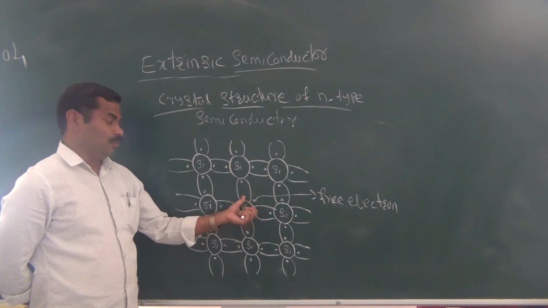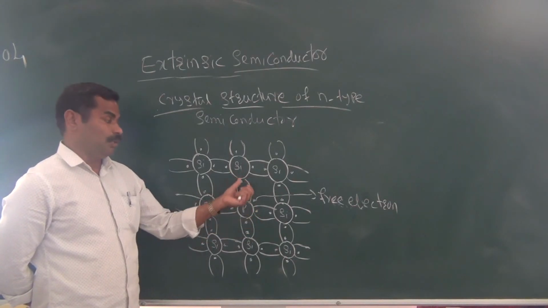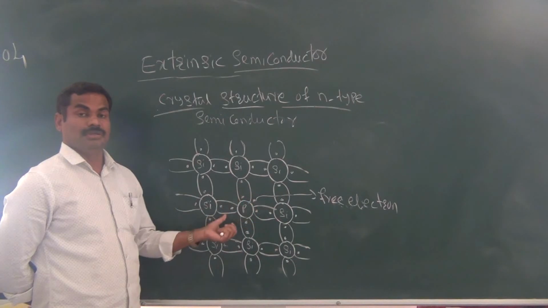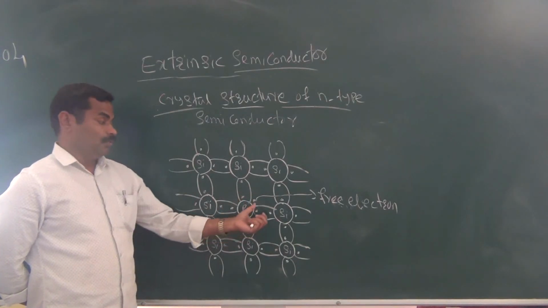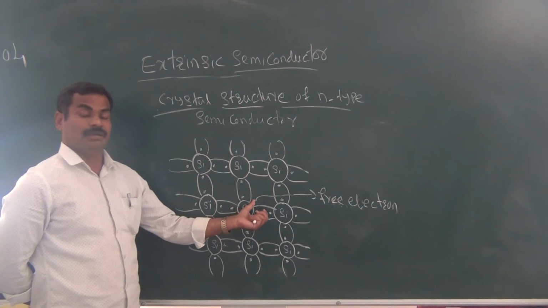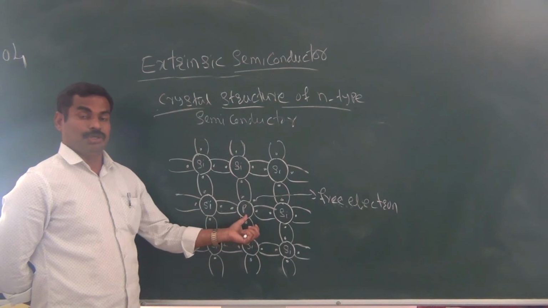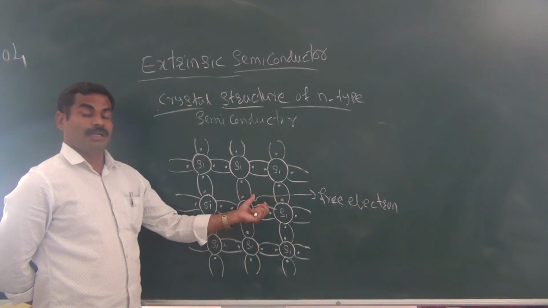Four of them make covalent bonds with the neighboring atoms of the pure silicon. The one electron that is totally free from the covalent bond moves very freely towards the conduction band. So whenever you add pentavalent impurities, you get a large number of electrons generated.